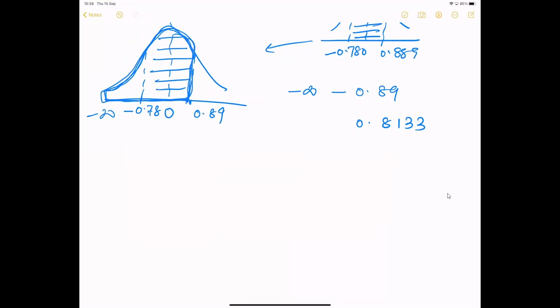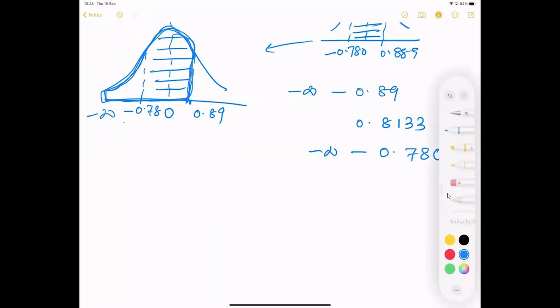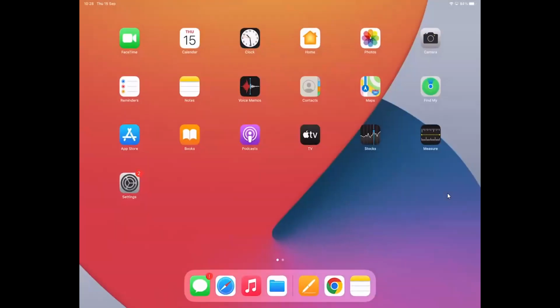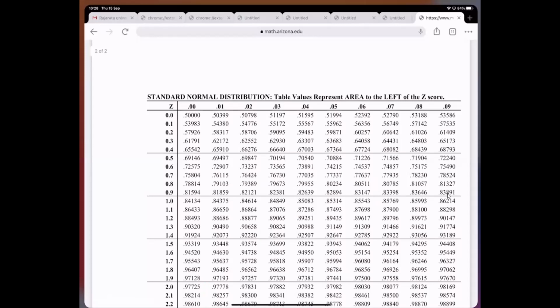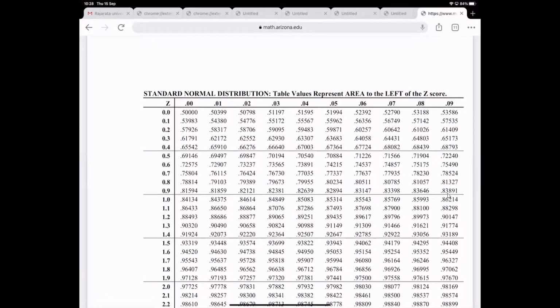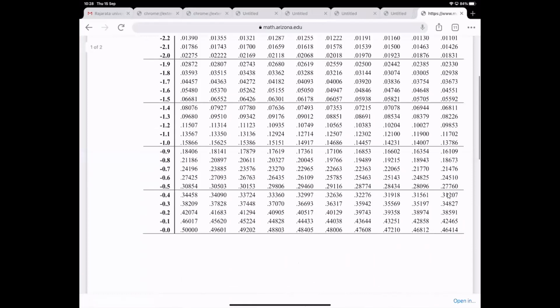From negative infinity to negative 0.78, indicating, I will use a different color, this area. That value also we can find by using the table, because we have the left-sided one, minus 0.78.